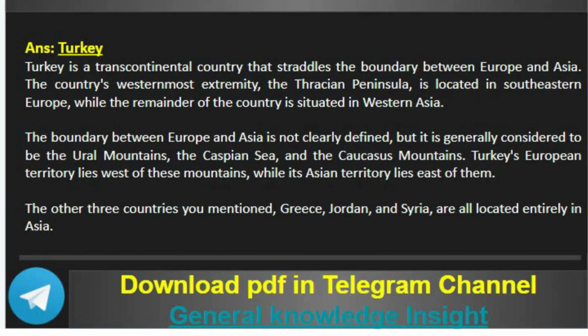The country's westernmost extremity, the Thracian Peninsula, is located in southeastern Europe, while the remainder of the country is situated in Western Asia. The boundary between Europe and Asia is not clearly defined, but is generally considered to be the Ural Mountains, the Caspian Sea, and the Caucasus Mountains. Turkey's European territory lies west of these mountains, while its Asian territory lies east of them.